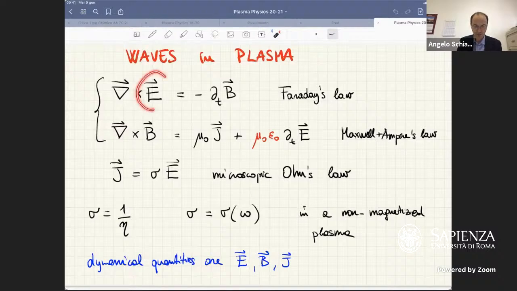And coupling them together and to the plasma properties represented by the density and current density J, we found out that we can couple this system of equations and seek a solution, for instance, for the electric field.